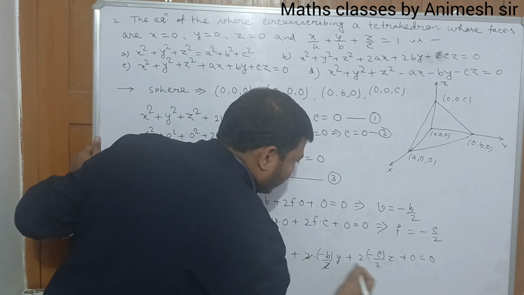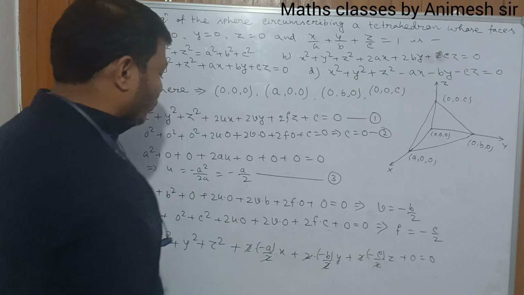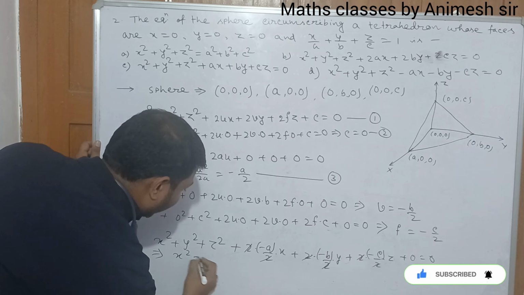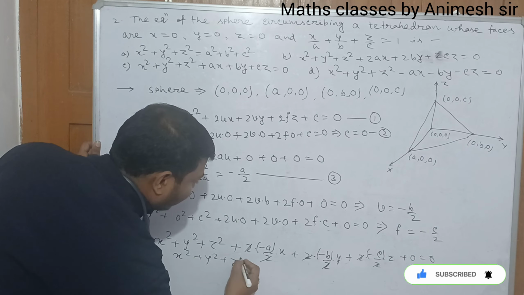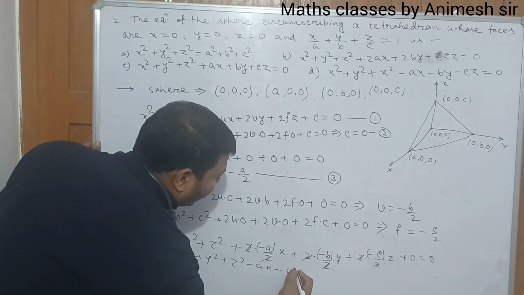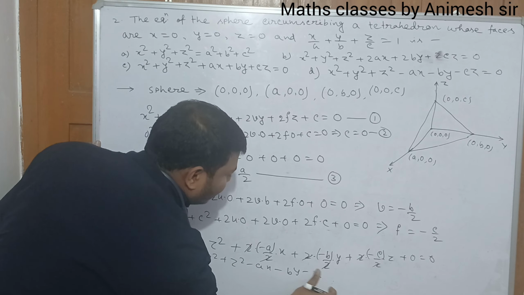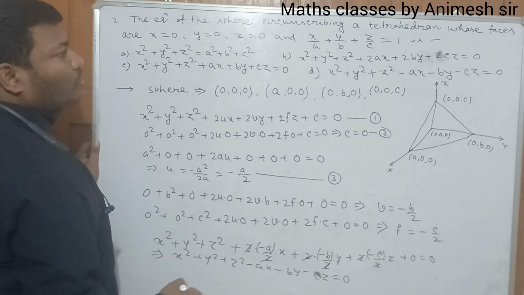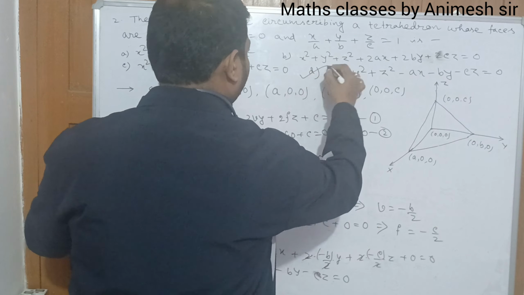So this will give our required equation of the sphere. So our required equation of sphere will be x square plus y square plus z square minus ax minus by minus cz equals to 0. So my option D is correct.